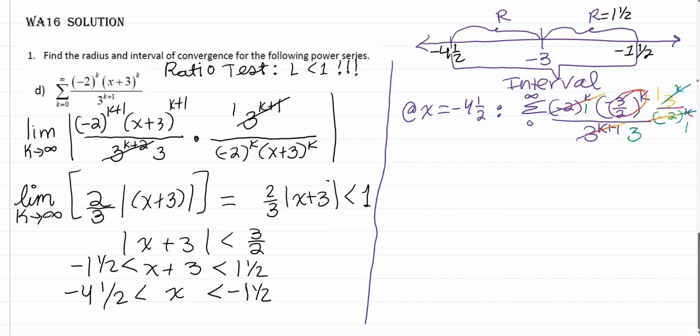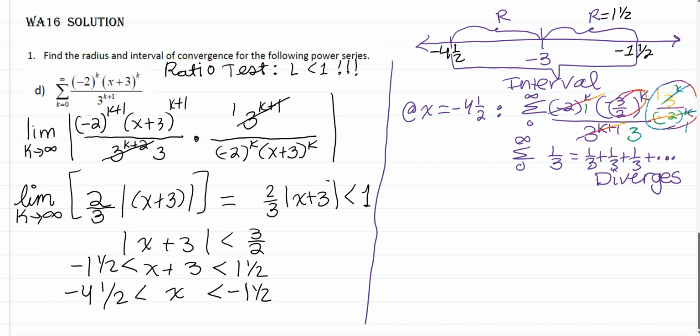So really, this series is going to just be the series going from 0 to infinity of 1/3. Well, what happens when you take 1/3 plus 1/3 plus 1/3, and if you keep adding 1/3, it's going to get big, right? So this series is going to diverge.